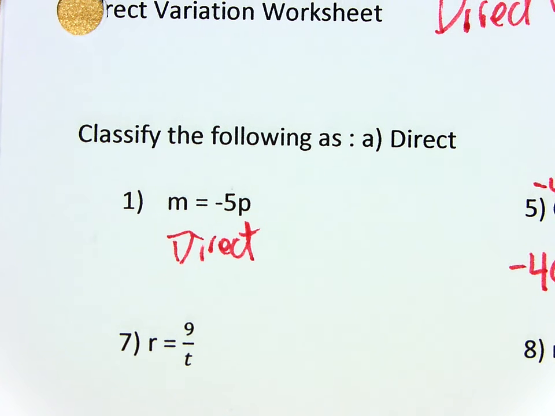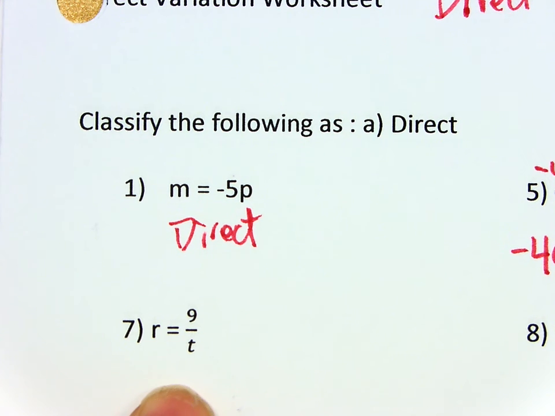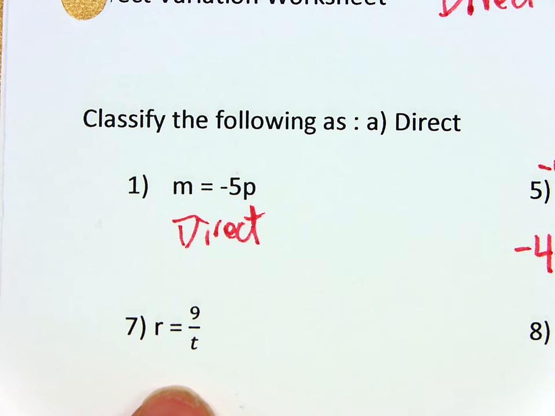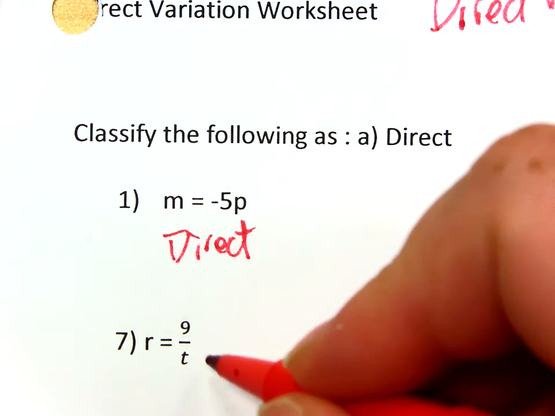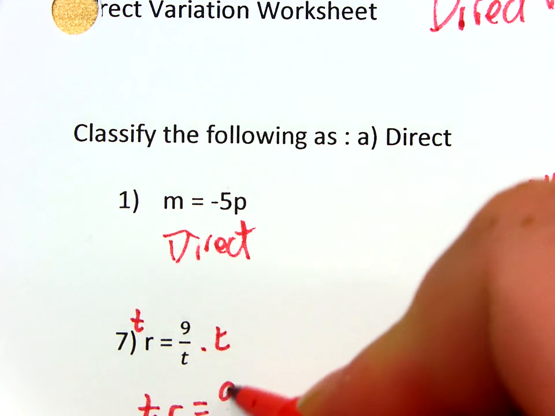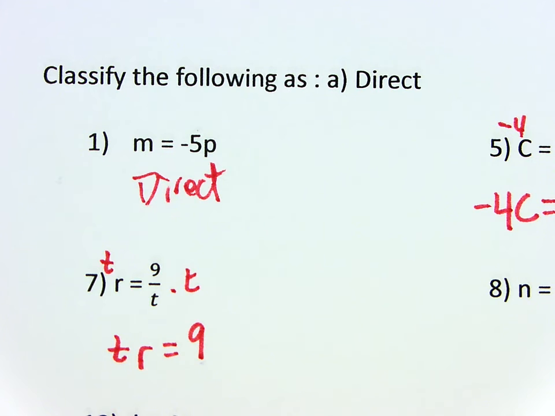So let's look at 7. Right now, it does not look like some variable equals a number times some other variable. What could I try doing? Multiply both sides by t maybe? We could try it. Multiply by t. So now I have tr equals 9.